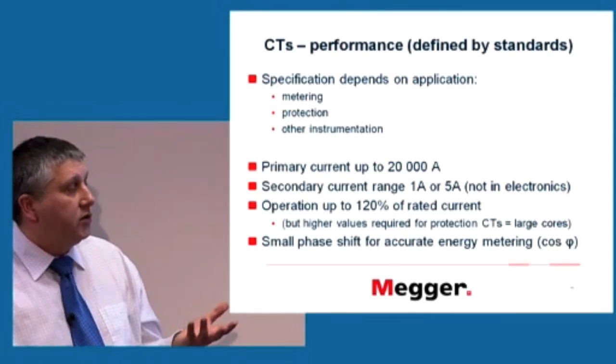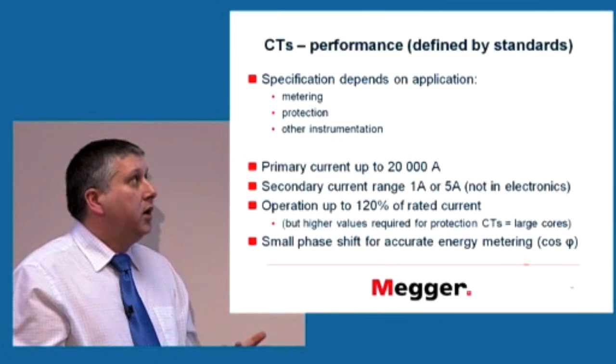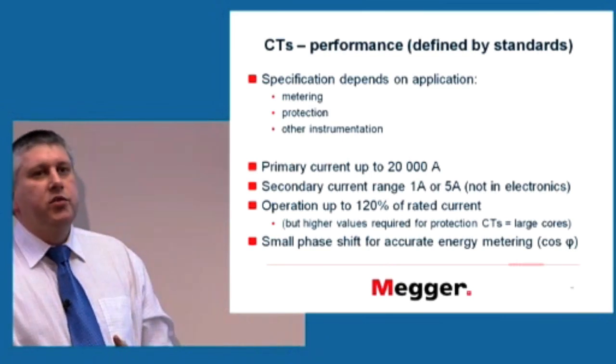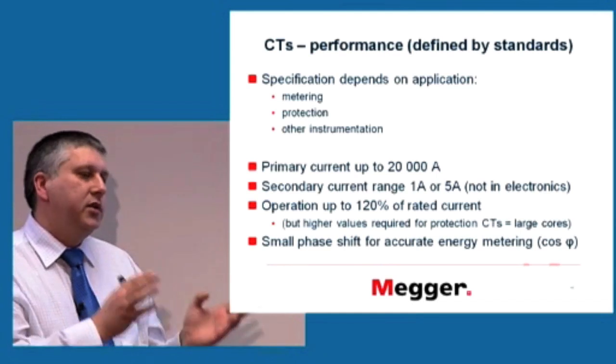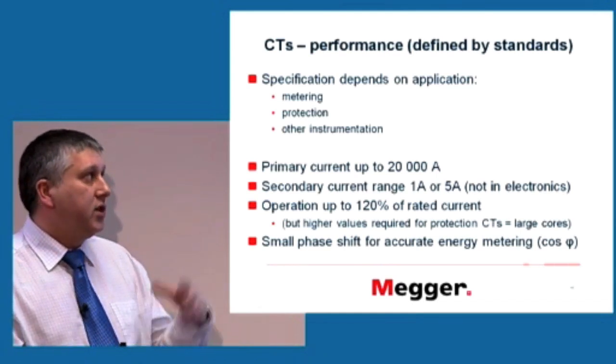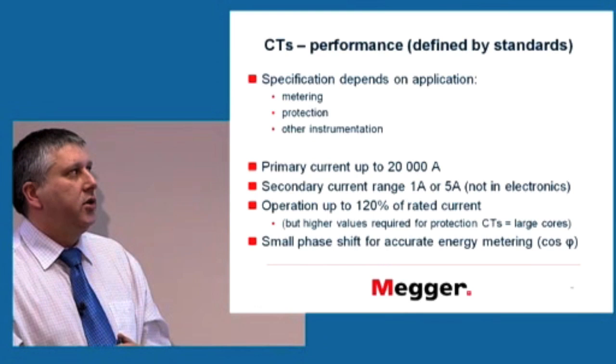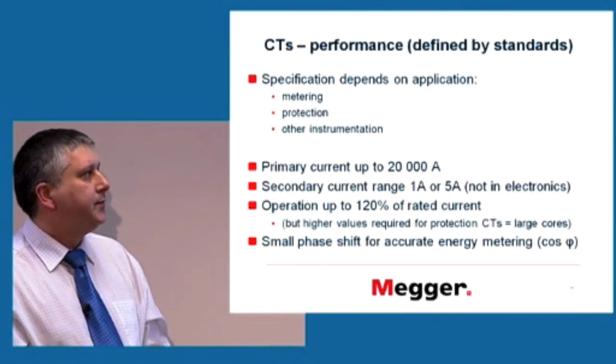A regular current transformer with a metal core is usually designed for up to 20,000 amps, but this also can vary. There are other solutions which can measure even higher currents, but we are talking here about classic current transformers.